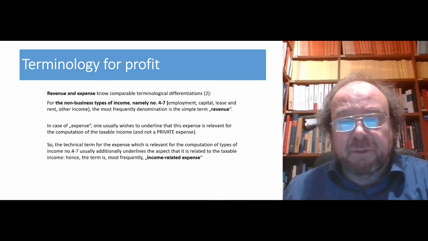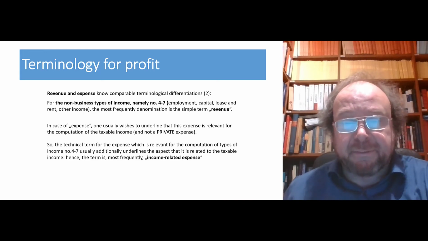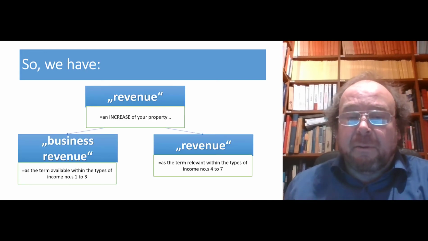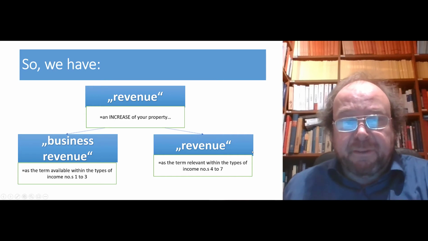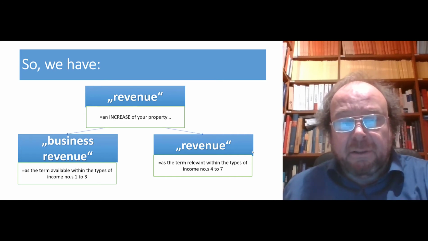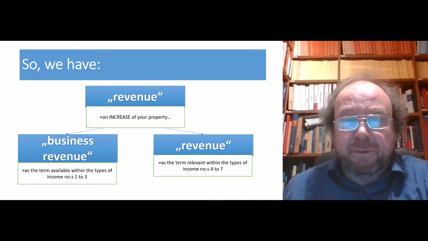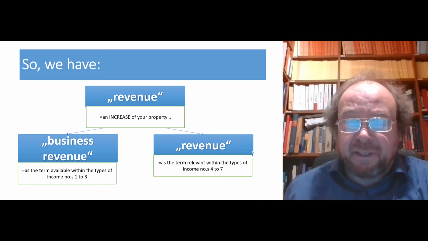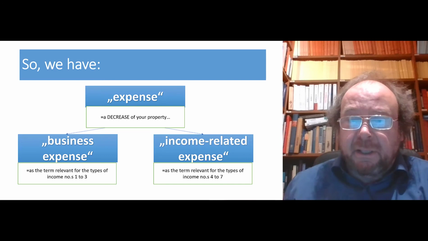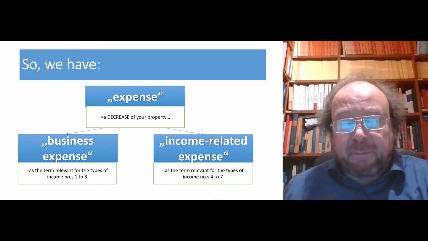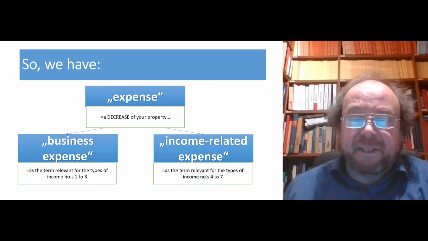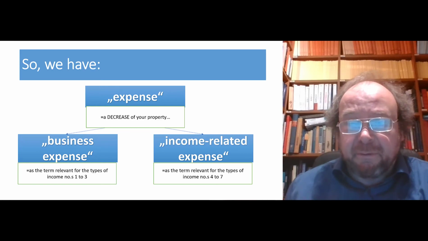So it would usually be named income-related expenses. So here again, we have the terminology that a revenue is either a business revenue or a simple revenue, depending on the type of income. And expense is either business expense or income-related expense, depending on the type of income.